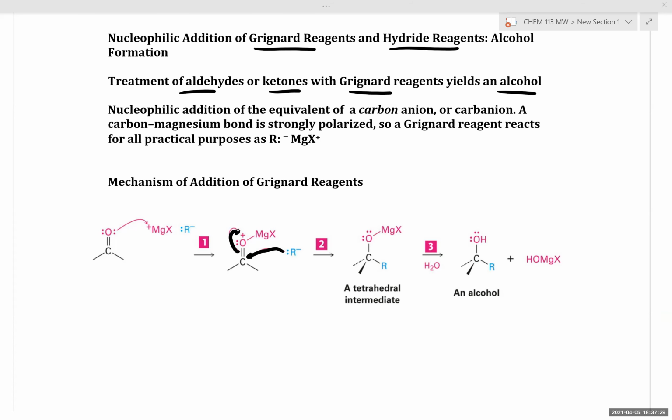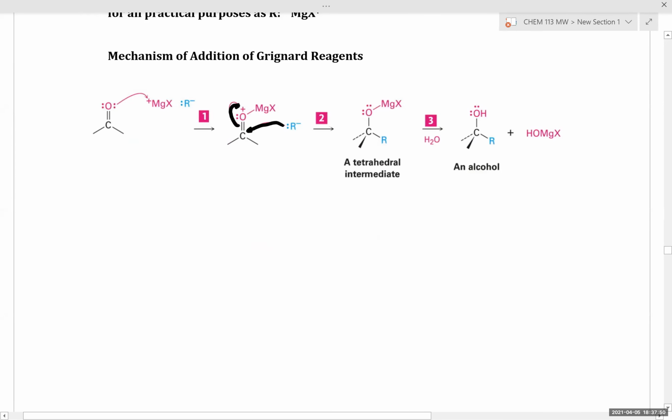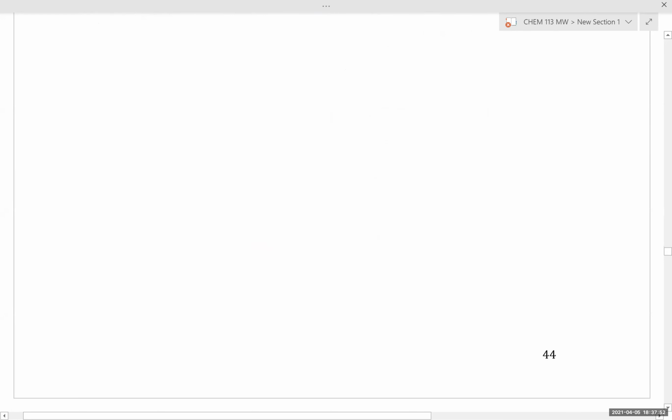From this tetrahedral intermediate, which is functionally an alkoxide anion, we can either protonate the alkoxide ion to get an alcohol or trap the alkoxide ion to make any number of ether or protected derivatives. Okay, we've seen this mechanism time and time again.